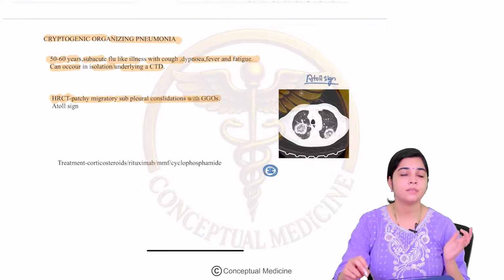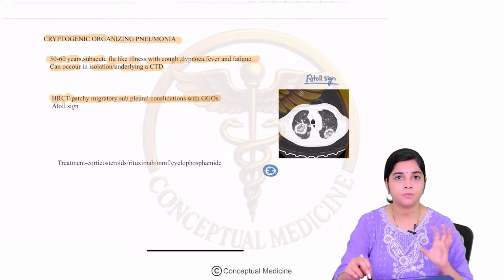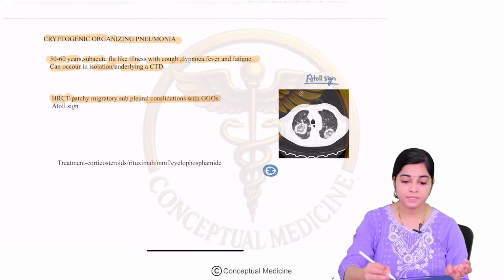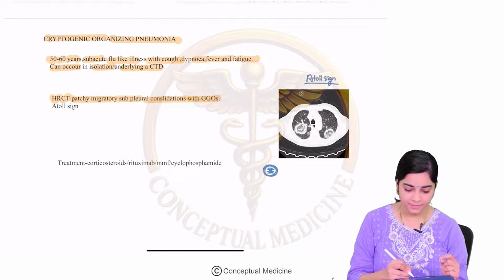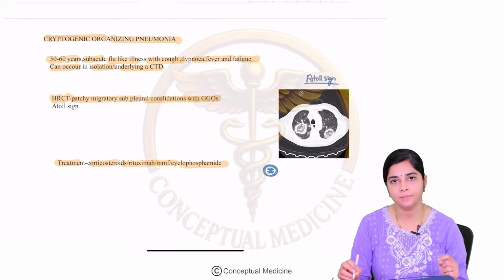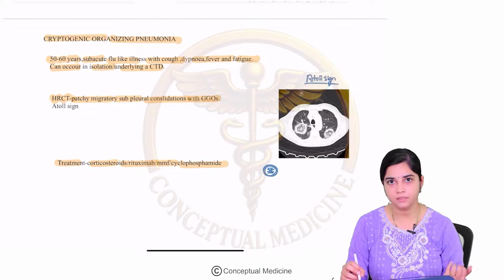Okay. Many a time these pneumonias, which can be bacterial or viral in nature, can get complicated, and if they form an organizing pneumonia pattern on HRCT, think of cryptogenic organizing pneumonia. The treatment is steroids, rituximab, MMF or cyclophosphamide. All of these immunosuppressive agents have been tried in organizing pneumonias.